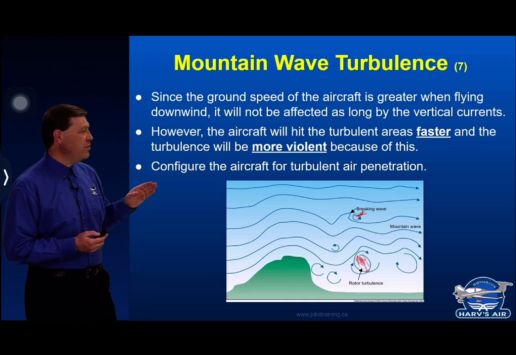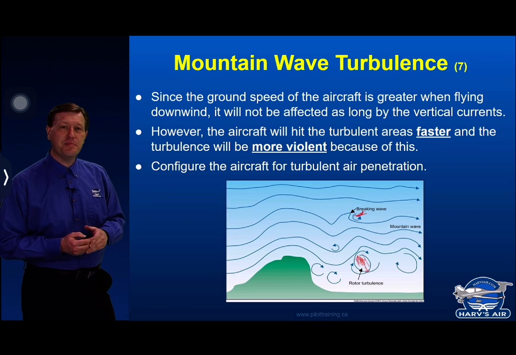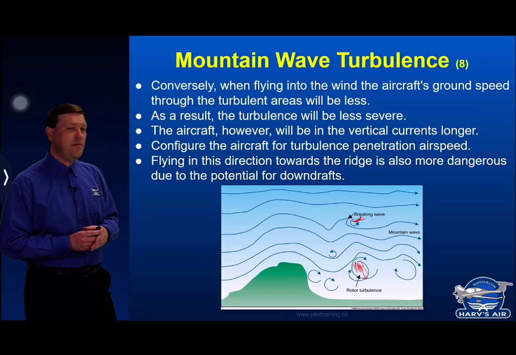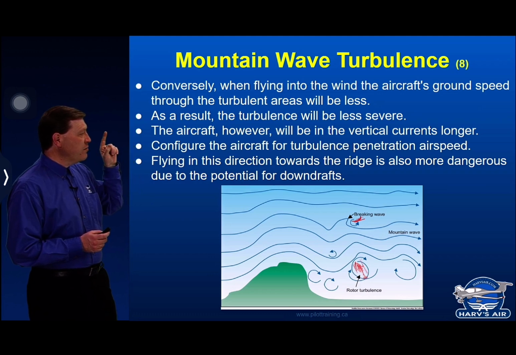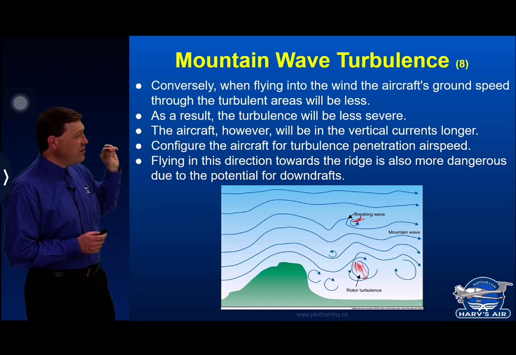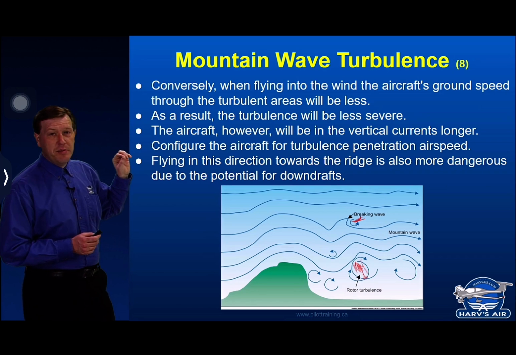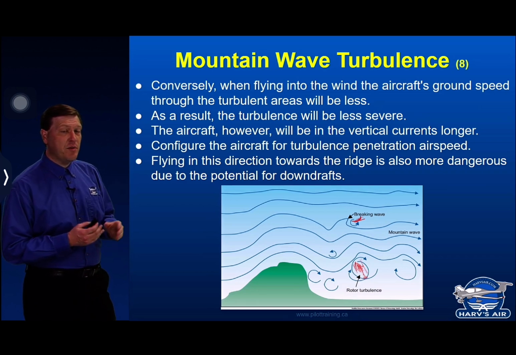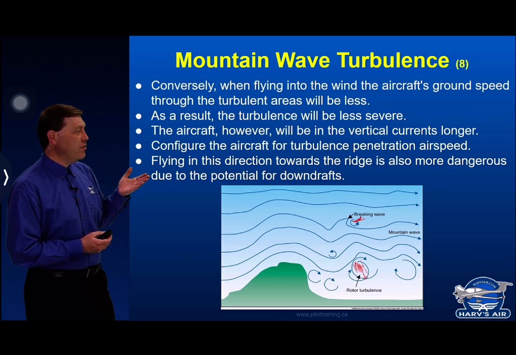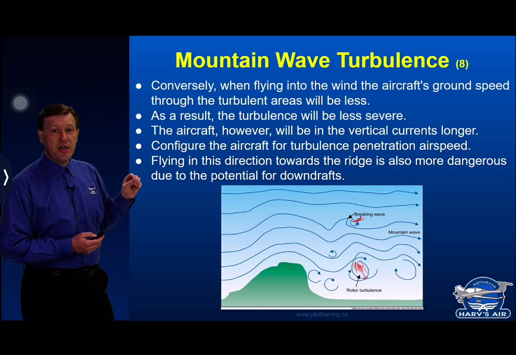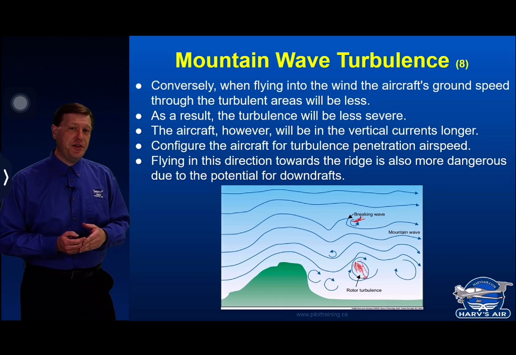So that's a good speed to remember in our smaller aircraft. Okay, so this describes an airplane flying into the wind. Now that said, of course, you will be stuck in these vertical currents for longer periods of time, even though it will be a little bit smoother. So, if you're heading towards a ridge, just as I showed you earlier, that could be a major issue.